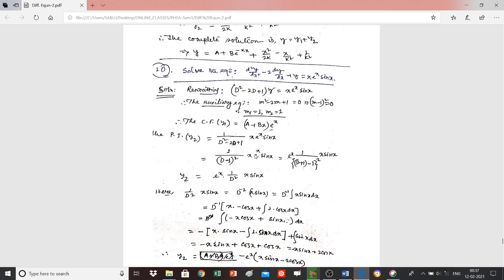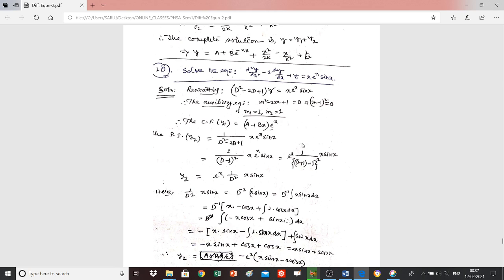It is equal to e to the power, and I know that in that case, if this is e to the power x and x sine x is equal to ux. So it has the form e to the power ax ux, where a is equal to 1. So this d should be replaced by d plus 1. So that is equal to, and this e to the power x should be written in the left.